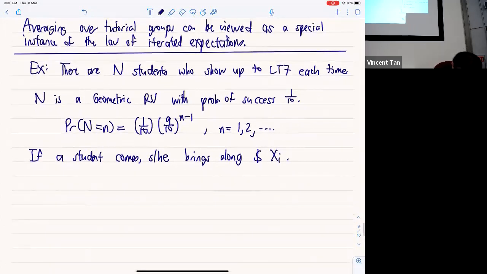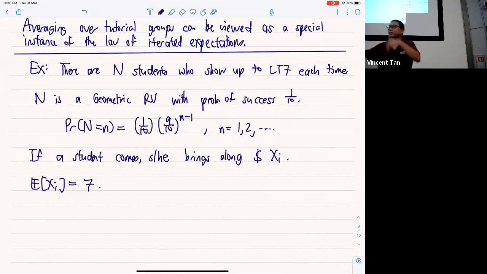Okay, and Xi is a random variable with mean 7. So he or she brings a random amount of money to class for some reason. But everyone brings some money. The expectation of the amount of money that you bring is $7. I came up with these numbers.